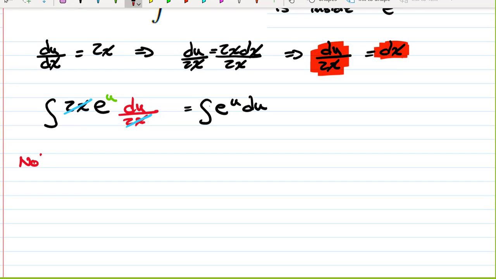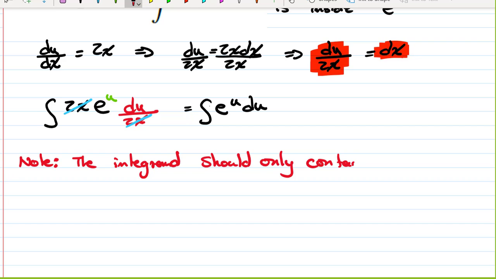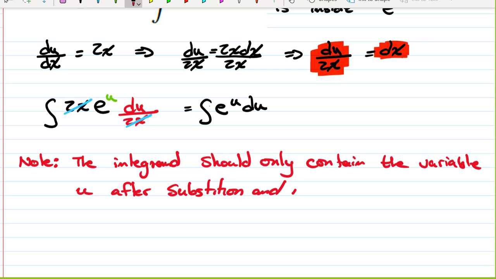So we should note at this point the integrand should only contain the variable u after substitution and reduction.